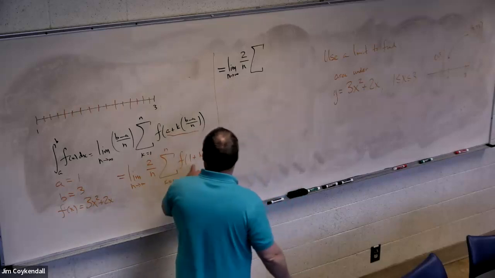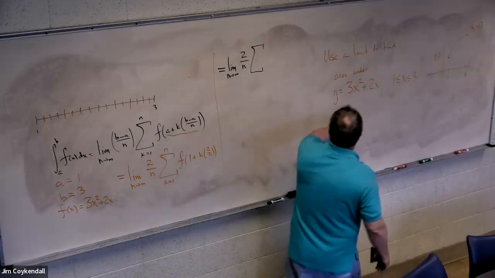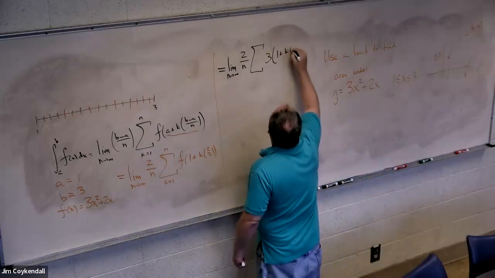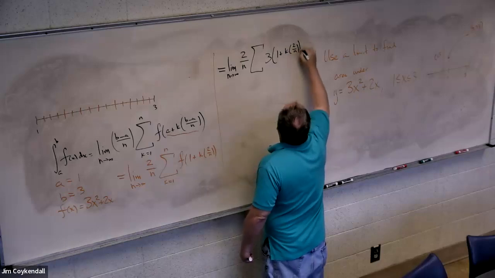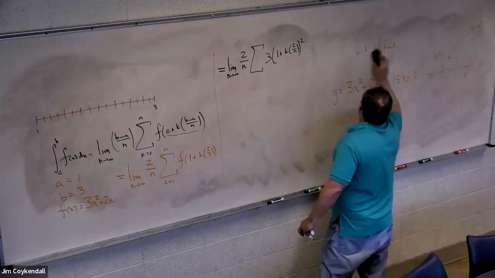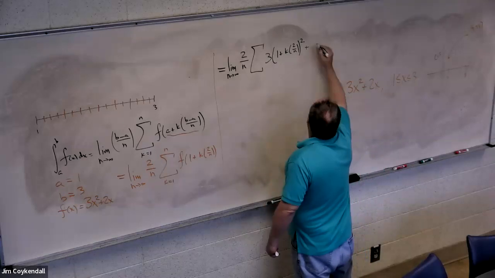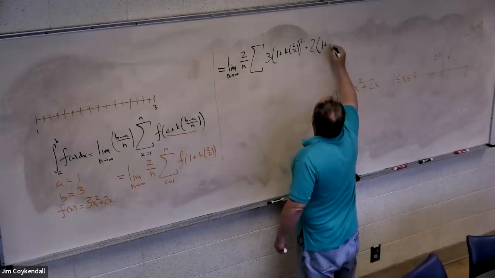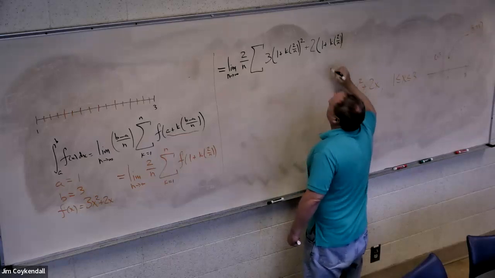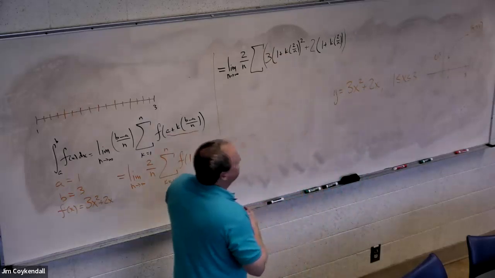I gotta plug this awful thing into this function, so it's gonna be 1 plus k times 2 over n, squared, plus 2. Everybody agree with that?